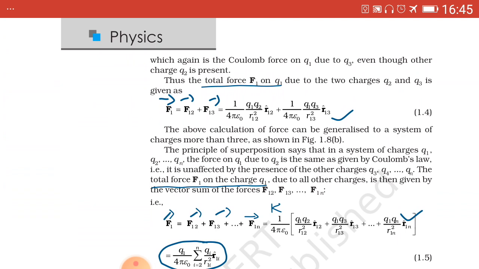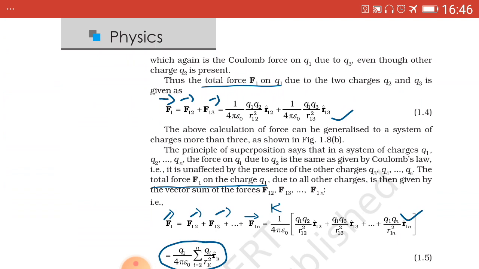For k you can substitute 1 upon 4 pi epsilon 0, plus 1 upon 4 pi epsilon 0 q1 q3 upon r13 square into r13 hat. For 1 upon 4 pi epsilon 0 you can write k, that will be easy to remember.